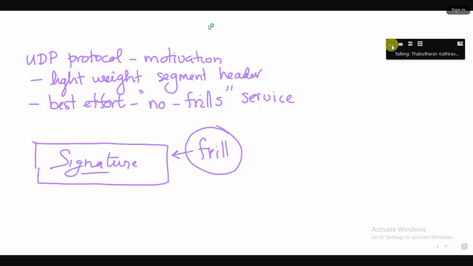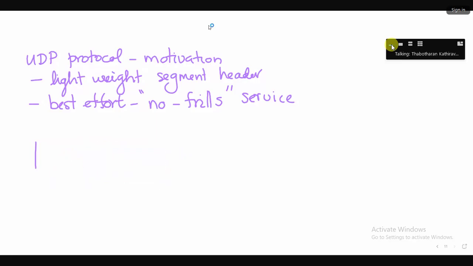But UDP is no frills, no guarantee, nothing. You just send and you expect the transport layer to deliver the segment at the destination.